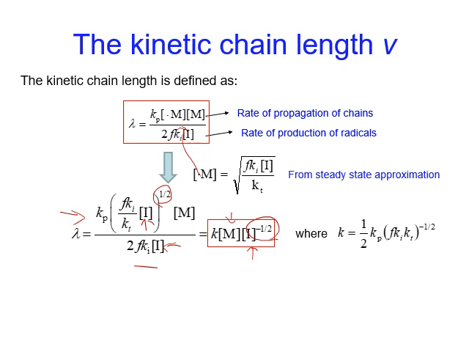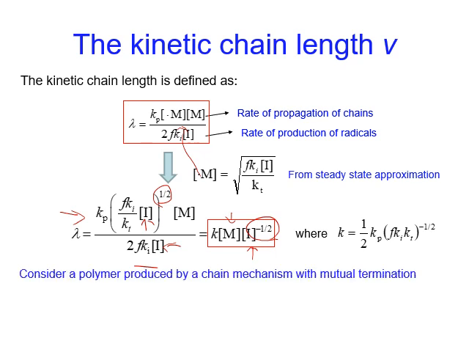Now, if 2 radicals combine in the termination step to form a polymer, then the average chain length for a polymer should be twice this kinetic chain length. Again, this shows that the polymer length is proportional to the monomer, but inversely proportional to the square root of initiator.